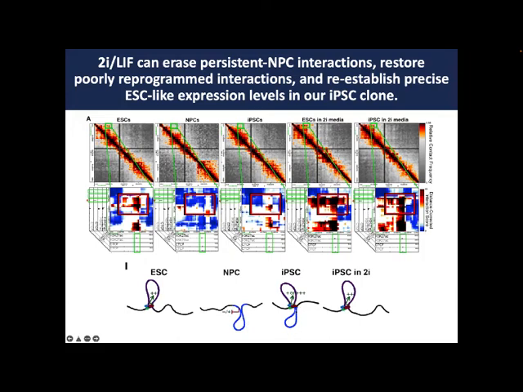However, this MEF-like folding pattern disappears when we add the 2i inhibitors into the media to make the iPSC more naive. So complete reprogramming is more facilitated, more promoted, by keeping the cells more primitive after the reprogramming.